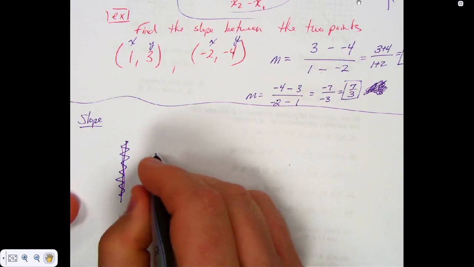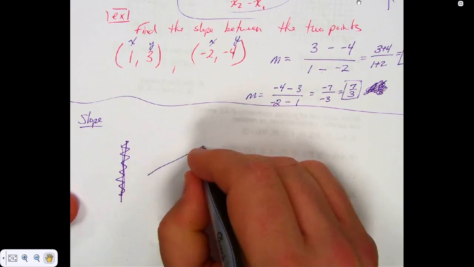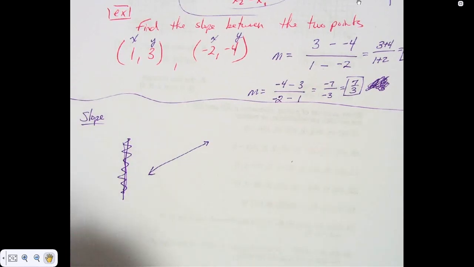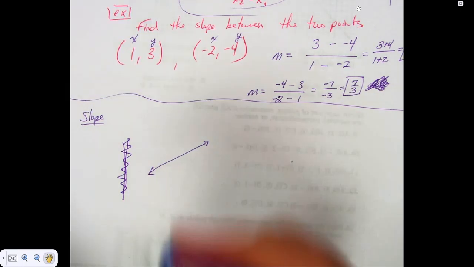Let's say I have a line like this, okay? You should be able to look at a picture and tell me whether it has a positive or negative slope. Here's the way you do this.